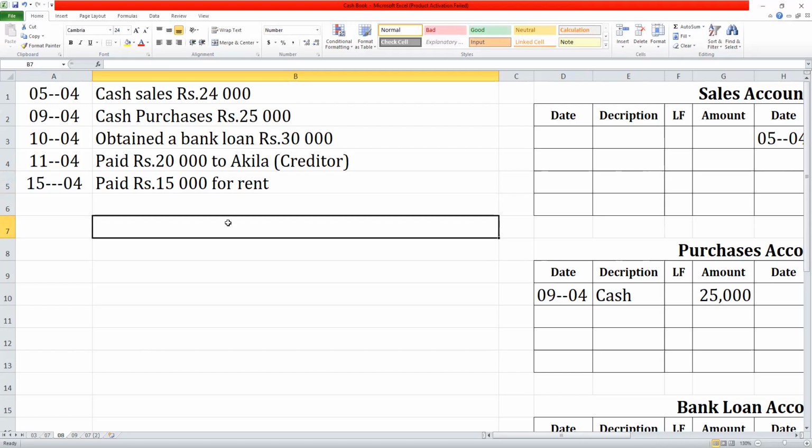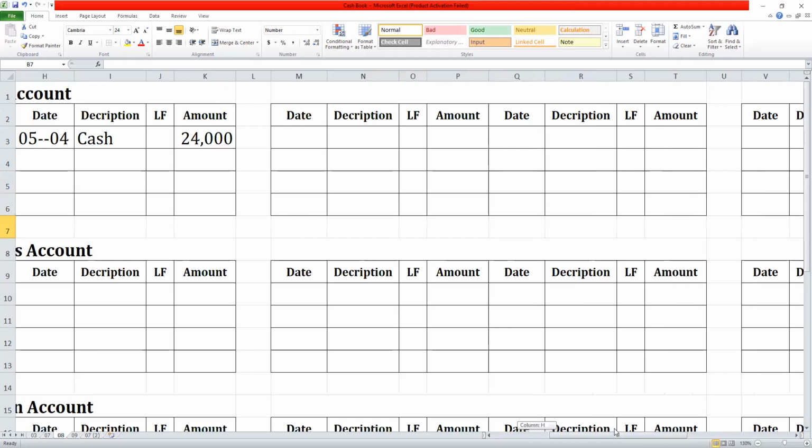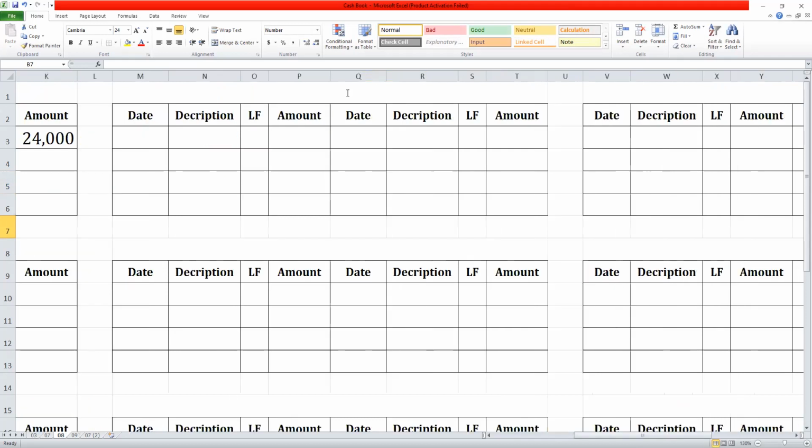Son, open the next account required, that is the rent account, which is an expense. The date is 15th of April.